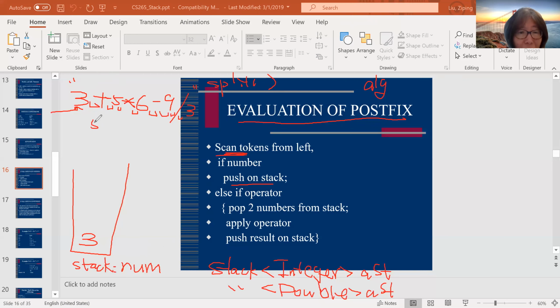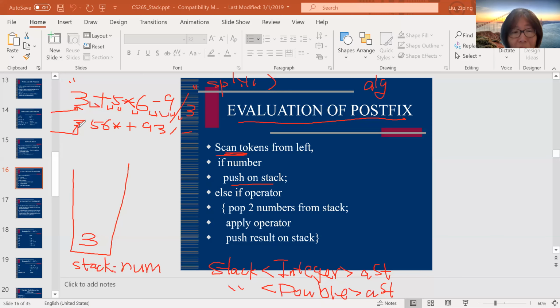So the postfix should look like 5, 6, then we have multiplication, and then we have plus here. And then we have 9, 3. We have division, okay, and then we have the minus sign. So this is our postfix expression.